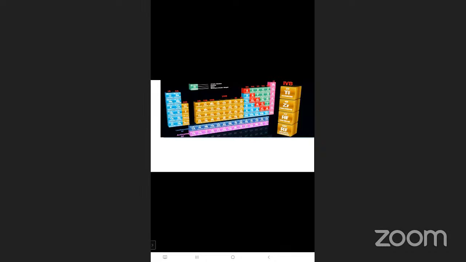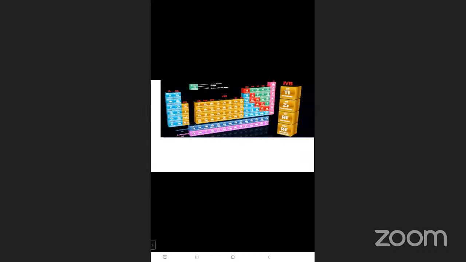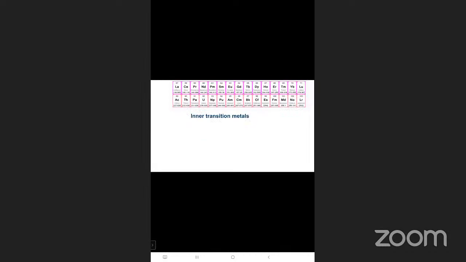In the textbooks we are observing only the two-dimensional view. So this F block is also from the D block only. From the third B group only we can write this. So these are the F block elements.